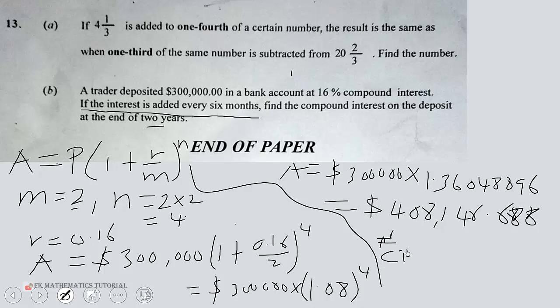So the compound interest will be equal to the amount minus the principal.